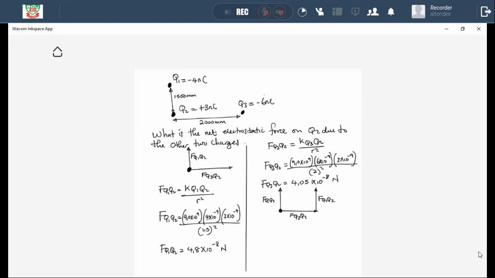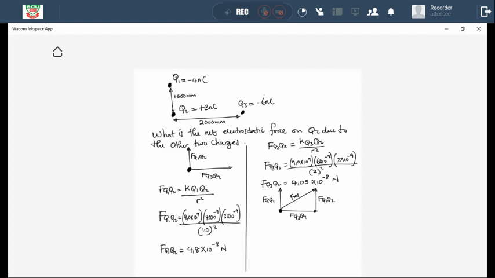right? So what do I do? I go to the origin of my free body diagram. I draw a vector from there straight to the head of F Q1Q2 there, and that represents our resultant force or our net force. So you can write F res here.